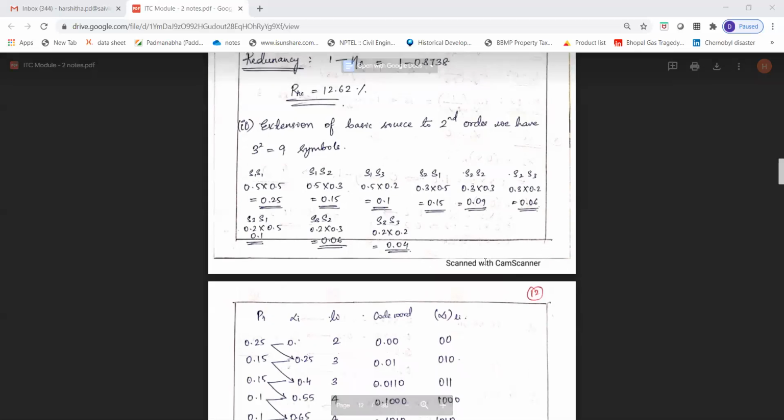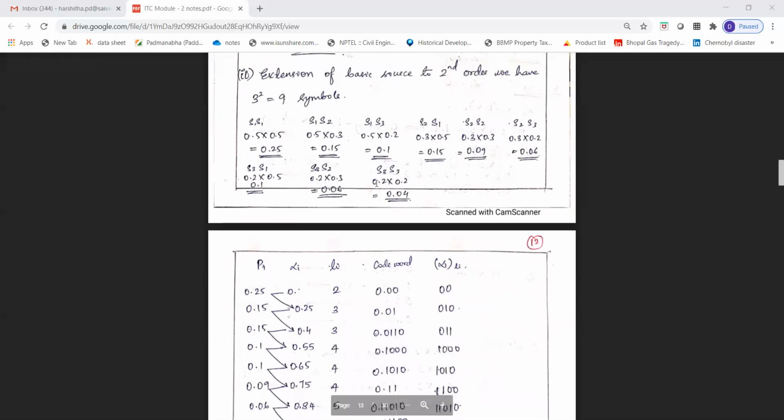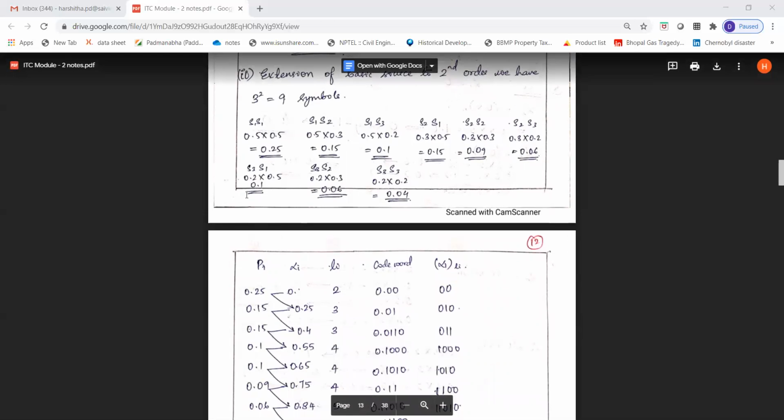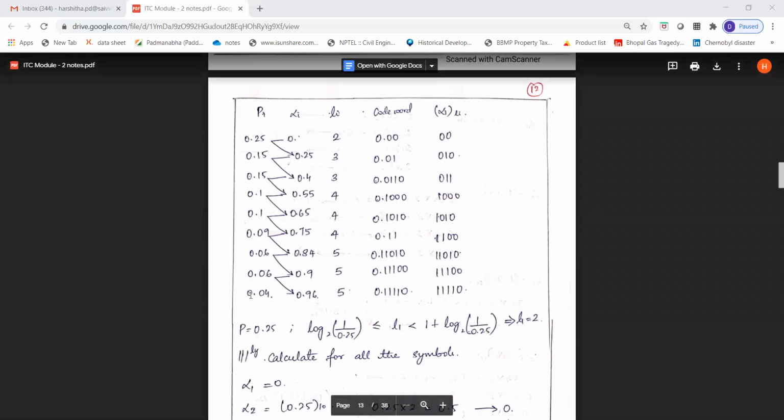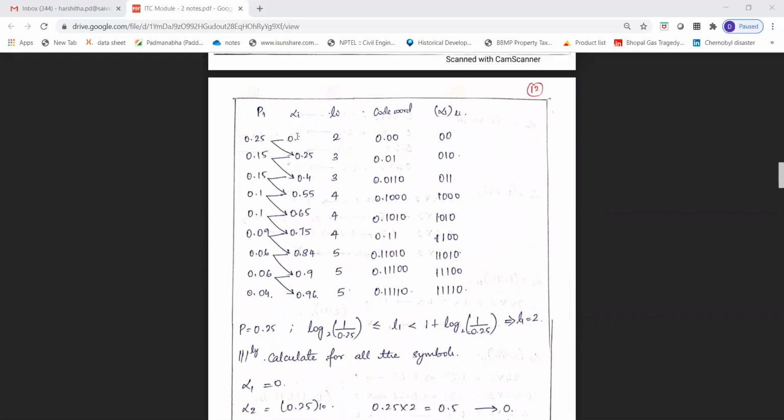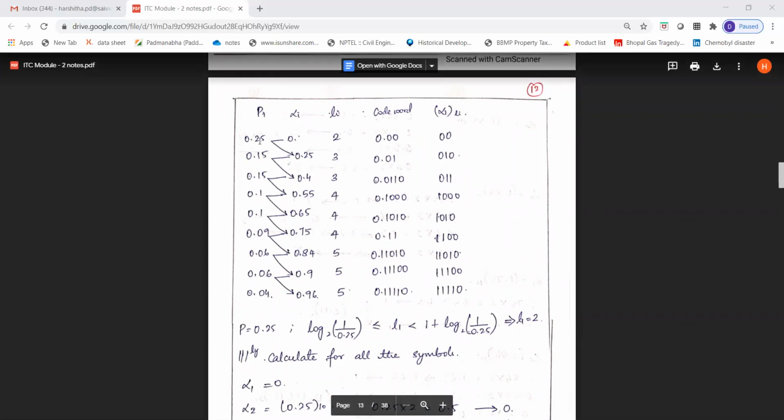After that, follow the same procedure that we followed for the basic source. That is, the first step is the arrangement of the probabilities in descending order. So after arranging the 9 values of probabilities in descending order, I'll get this. Next, I will write the value of alpha i in the second column. The first value of alpha i will always be 0, and the second value is the sum of 0 plus the value of the first probability.